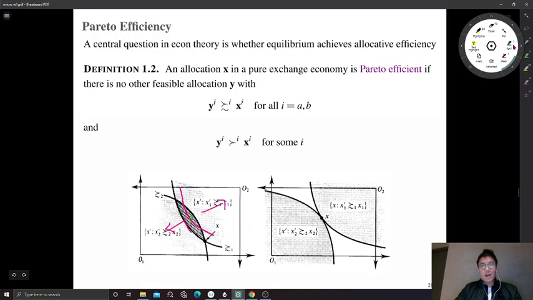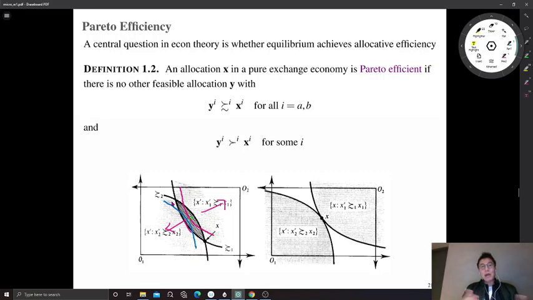Okay? And at the same time, consumer B's new indifference curve passing through this allocation Y is above his previous one, right? Meaning that two consumers are strictly better off by moving from allocation X to Y.